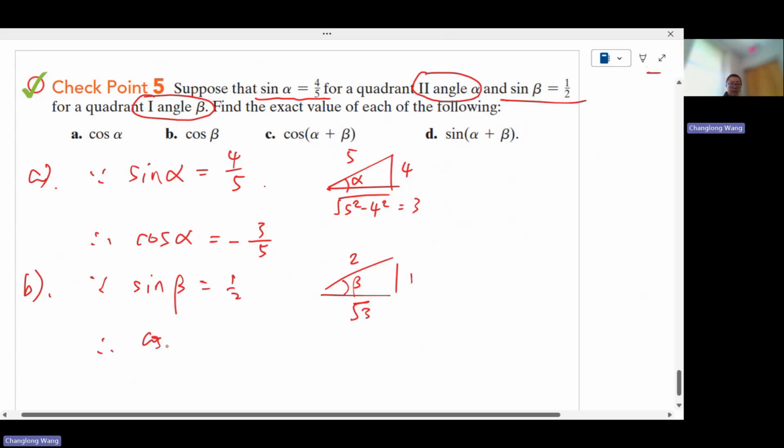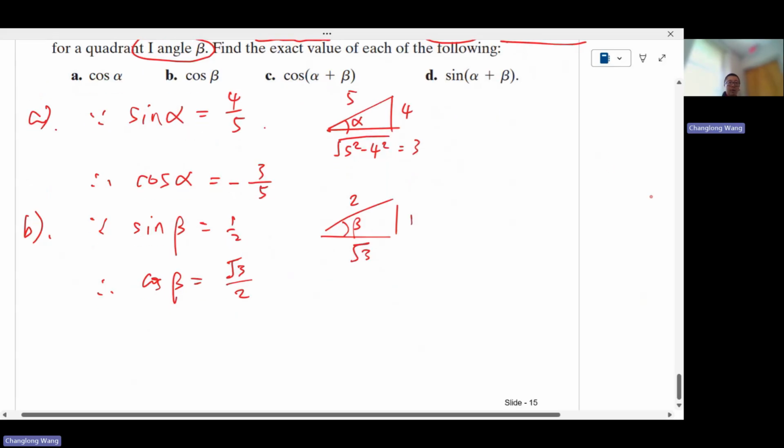Therefore, cosine beta is radical 3 over 2, and it's positive since everything's positive in the first quadrant. And the reason why they wanted to figure out cosine alpha, cosine beta, with sine alpha, sine beta given in the first place.